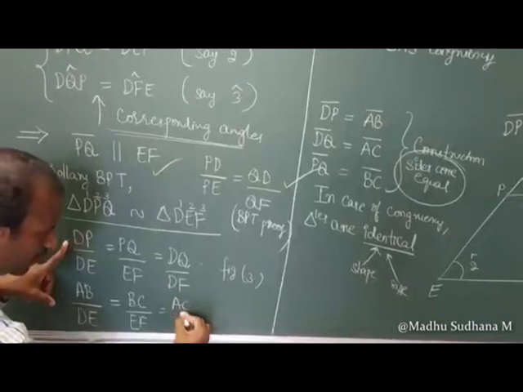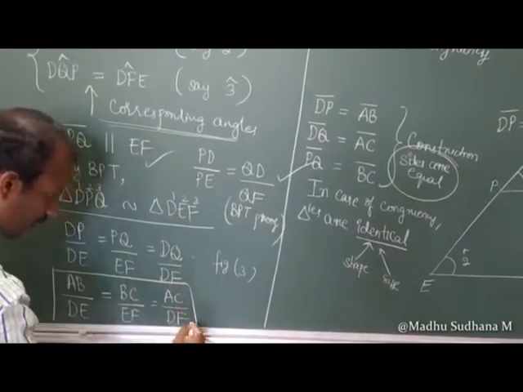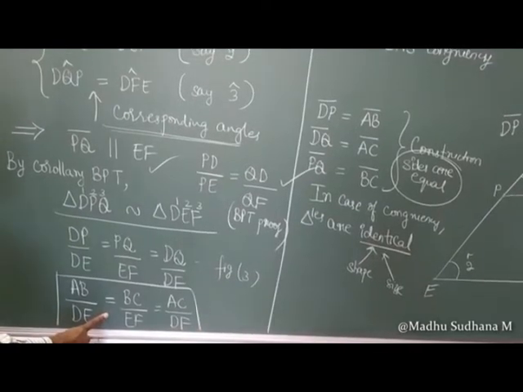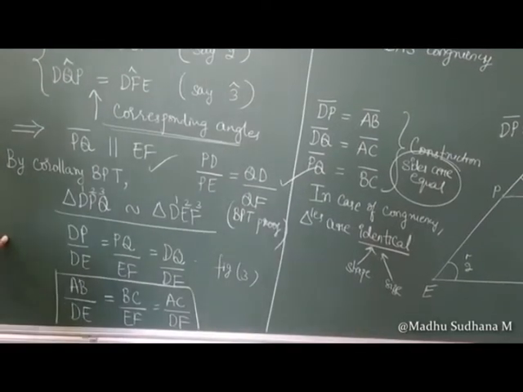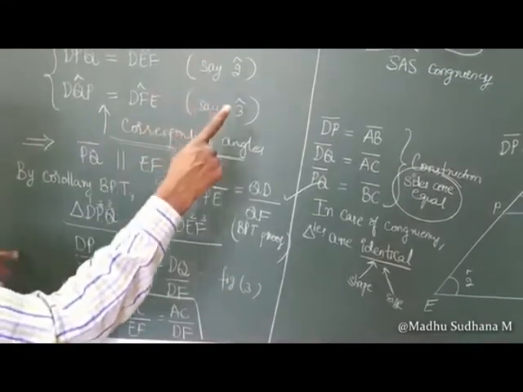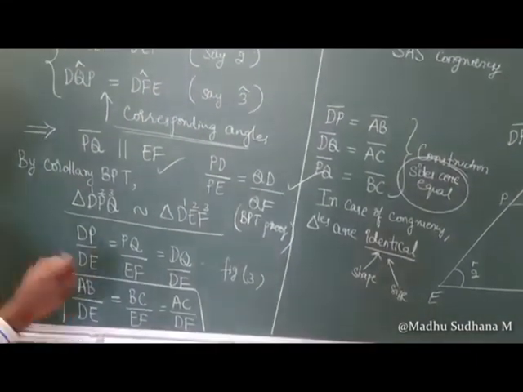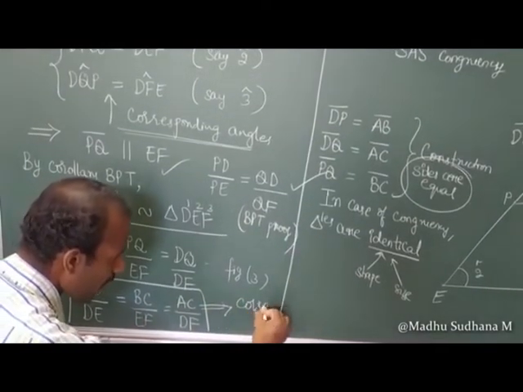So AC by DF. So now compare this with what is to be proved here. What we need to prove here? We need to prove that when the corresponding angles are equal, the corresponding sides are proportional. Followed it, children?